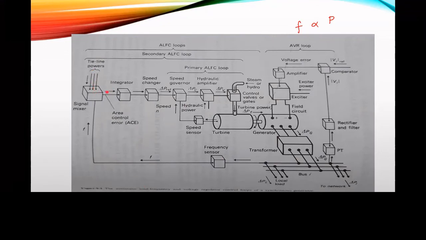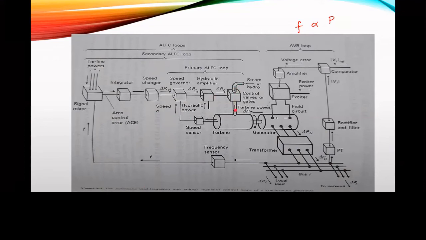The error in frequency is the area control error, and this is given to the integrator. The integrator's output is the speed changer's input. So depending on the speed changer and also the input from the speed sensor, the steam flow to the turbine could be controlled.